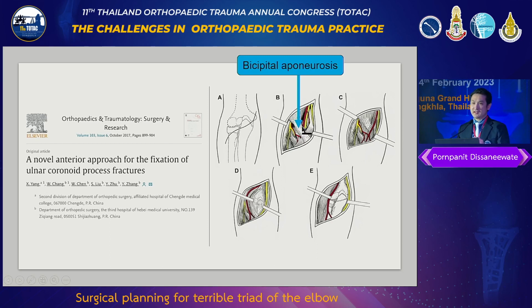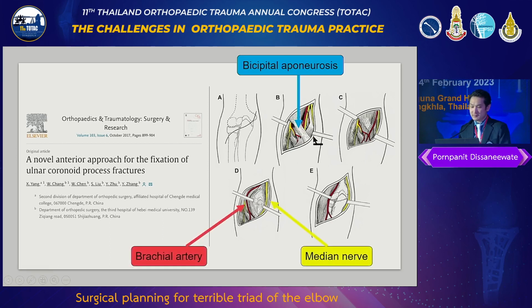This is like a thin layer of tissue. You go past it, through it, and you have to retract the biceps muscle and the brachial artery to the lateral side, and you retract the median nerve to the medial side.